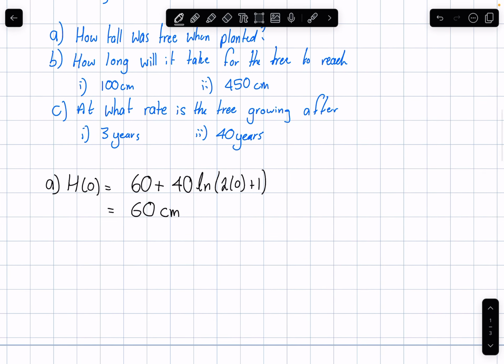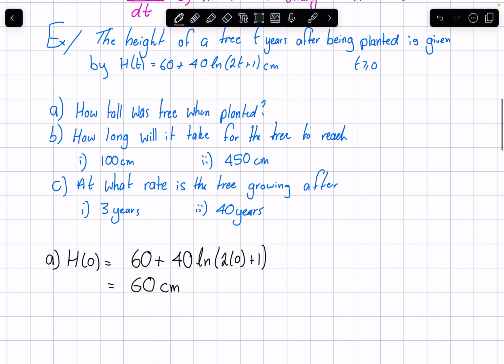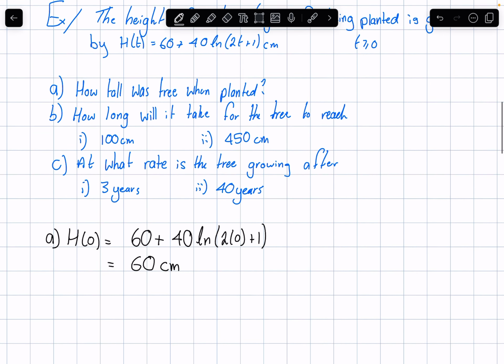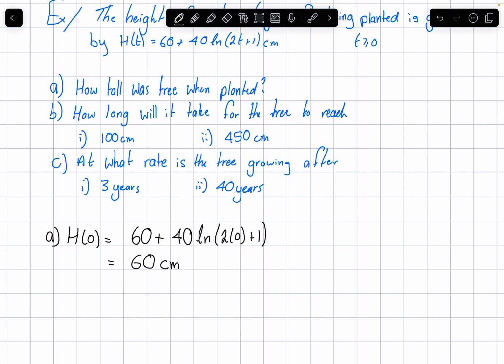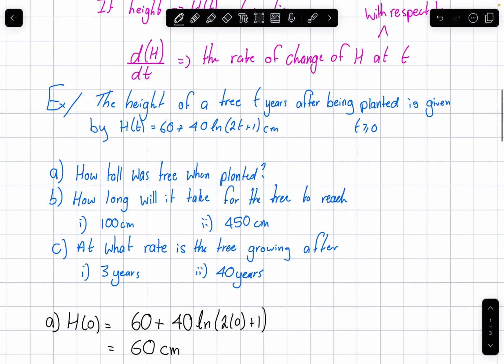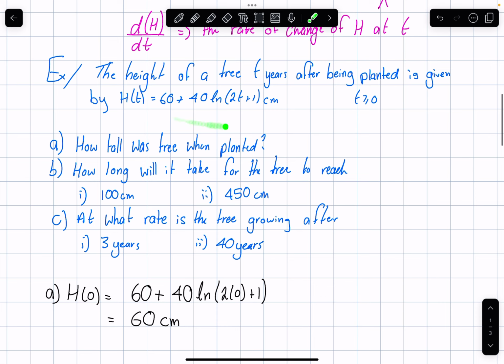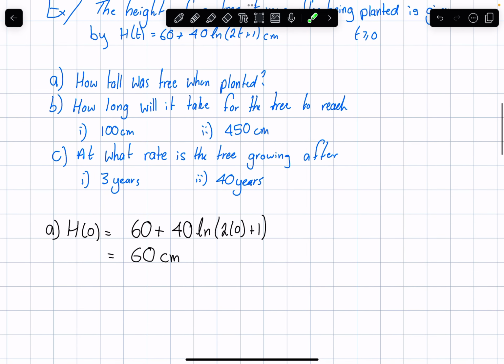That's more than fine. Part B, how long will it take for the tree to reach 100 centimeters? Now I'm going to do it algebraically, but you can check on your calculator. Put the function into your graph and just substitute in y equals 100 and you'll find your t value. But we're going to look at what happens when we do it algebraically.